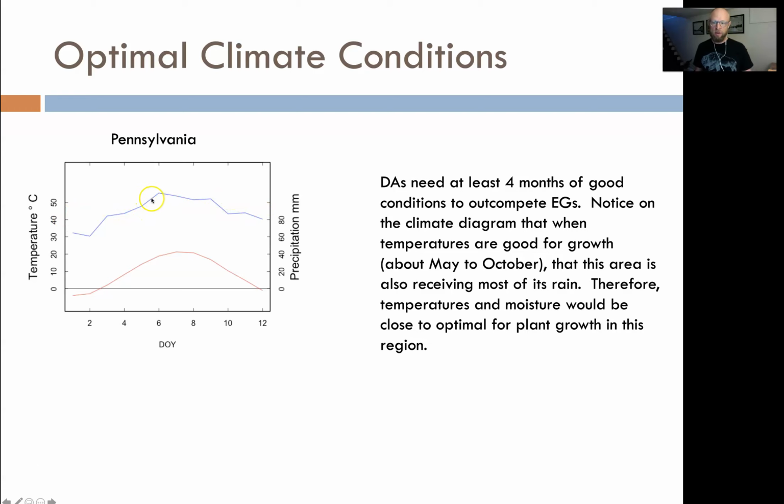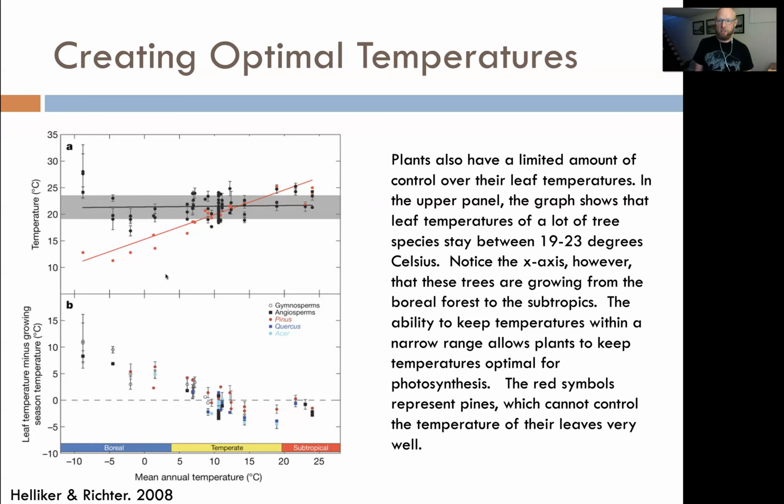Whereas if you remember, the one from Washington had a dip in precip during the summer months. So this is showing ideal conditions in Pennsylvania, where we have pretty good temperatures and a good amount of precip during the time that these plants have their leaves. That's the situation we're looking for in deciduous angiosperms.